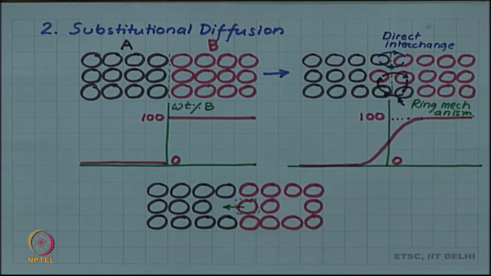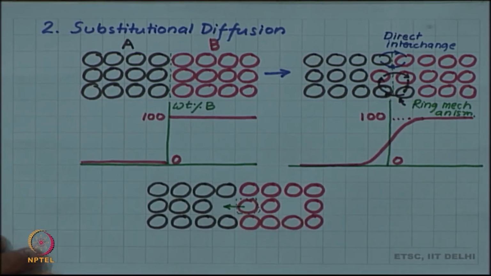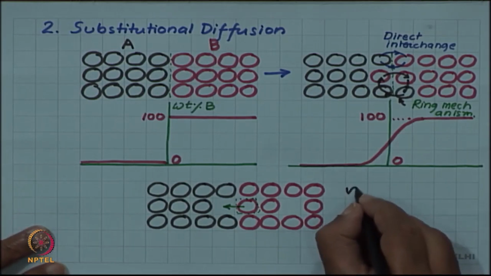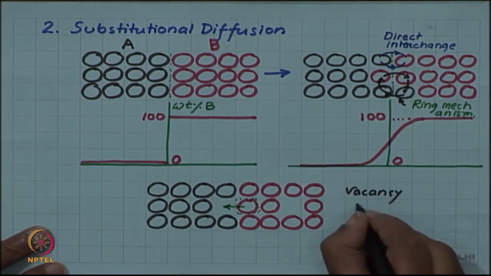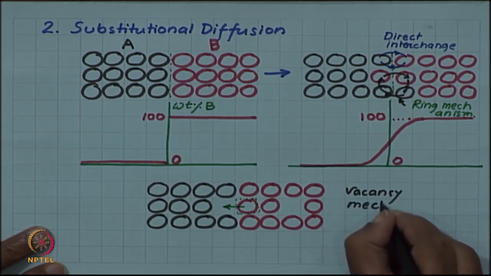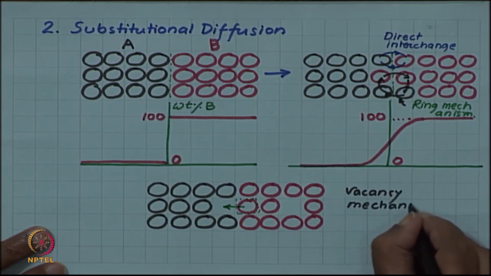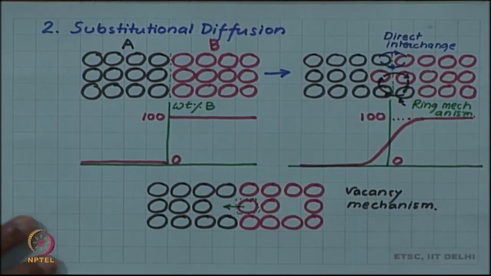With this mechanism, diffusion is possible, and it has been shown now. So, this is the vacancy mechanism, which means an atom jumps into a neighboring vacant site.